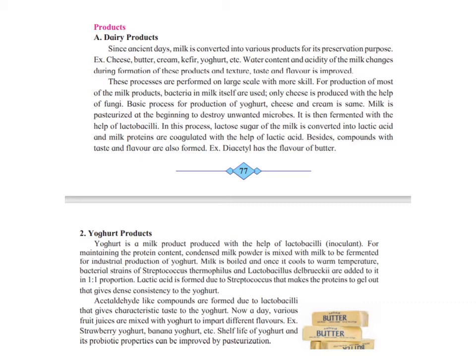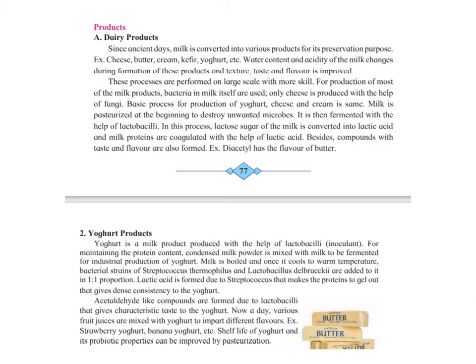It is then fermented with the help of lactobacilli. In this process, the lactose sugar of the milk gets converted into lactic acid, and the milk proteins are coagulated with the help of lactic acid. Besides, many compounds and byproducts are formed which improve the taste of the product. For example, diacetyl gives the flavor of butter.